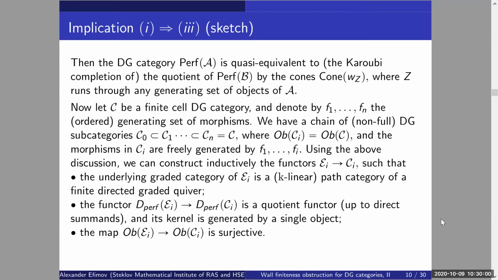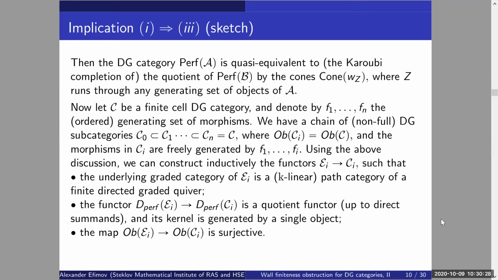Yeah, so this is a straightforward corollary of what we already discussed. So this category En will be what's called a smooth categorical compactification of C. So in this way, we represent C as a quotient of E modulo a subcategory generated by a single object.